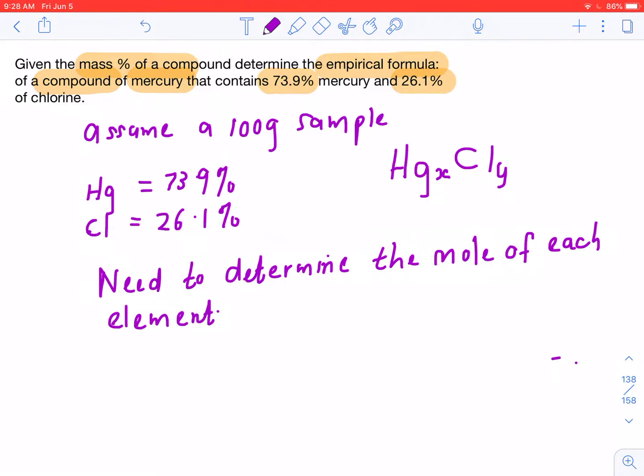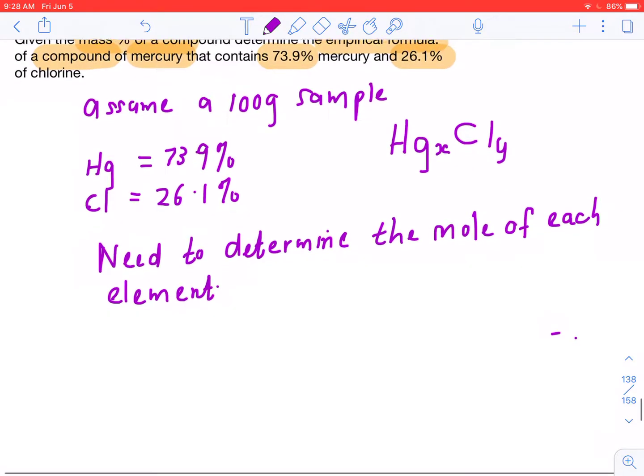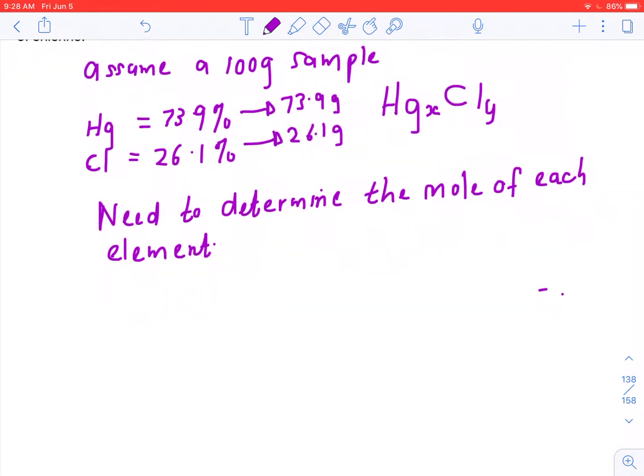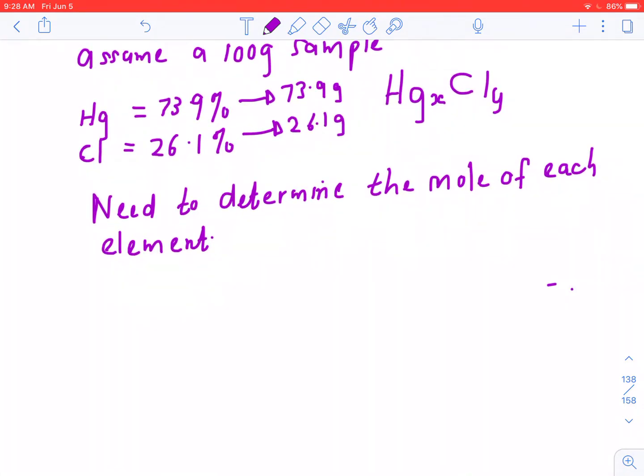So we assume a 100 gram sample, which means we now assume that for Hg we got 73.9 grams, and for chlorine we got 26.1 grams. So we need to determine the mole of each element.